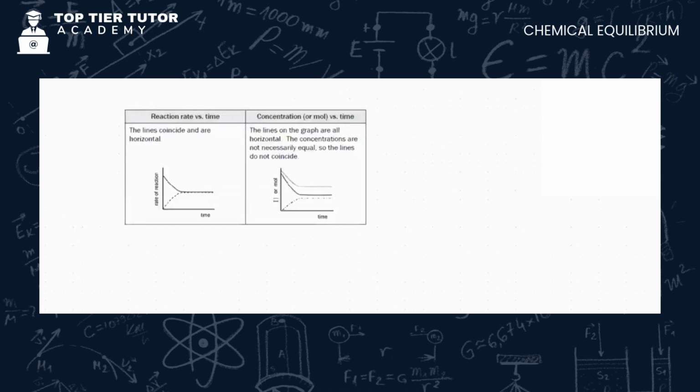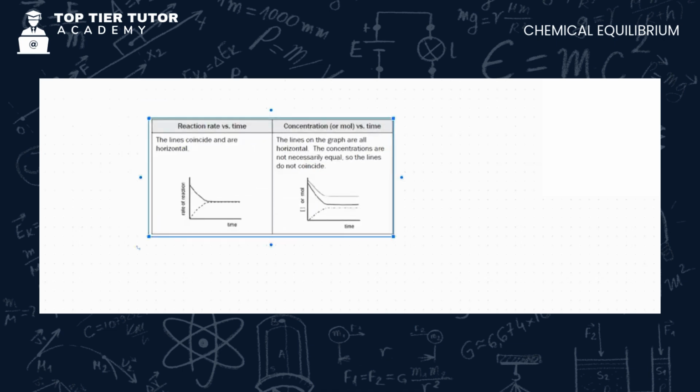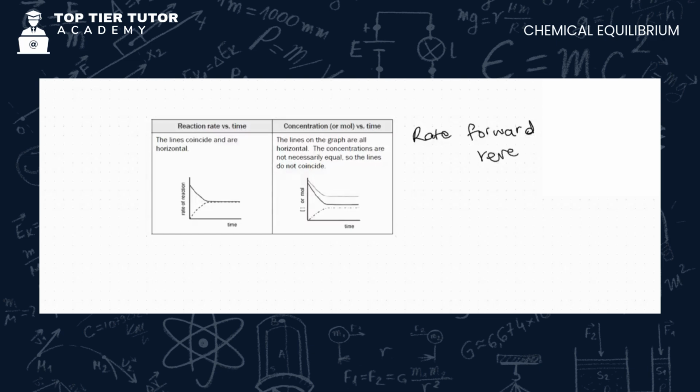So over time, we will see that the rate of the reaction for the forward will decrease so much that it meets the rate of the reaction for the reverse as it increases with time, to a point where they are equal to one another, and we call this position equilibrium.